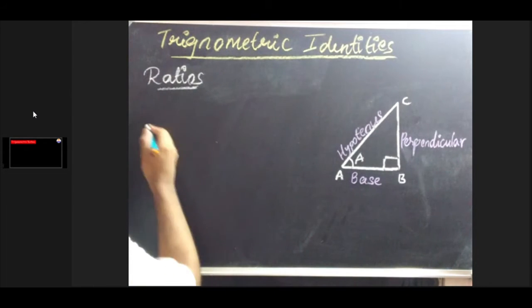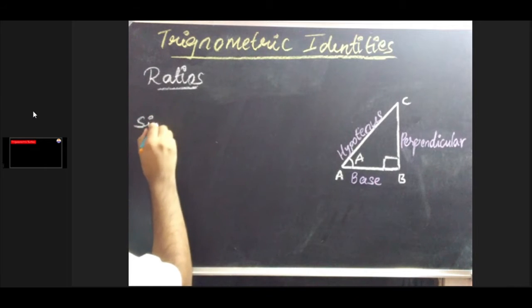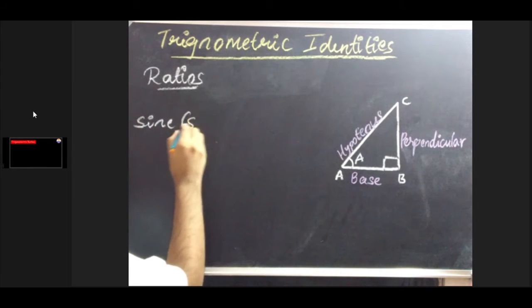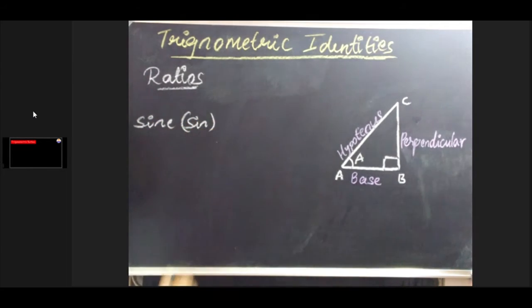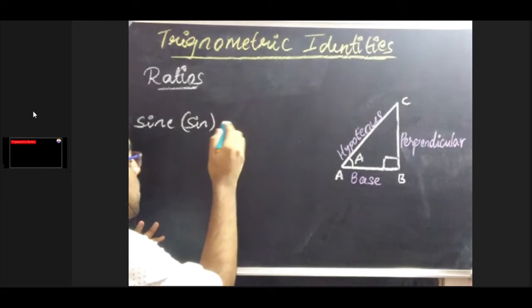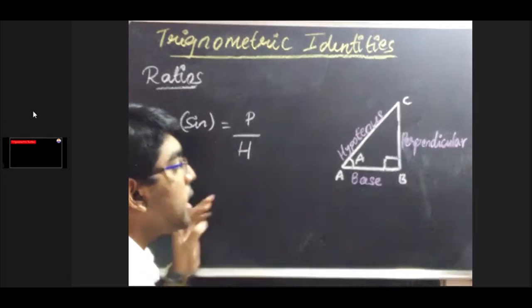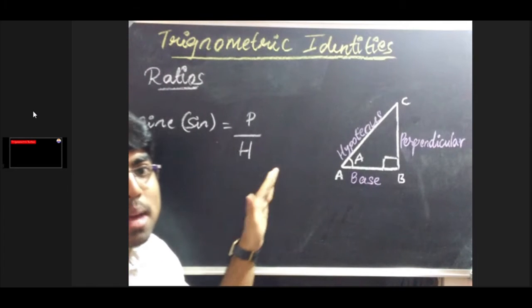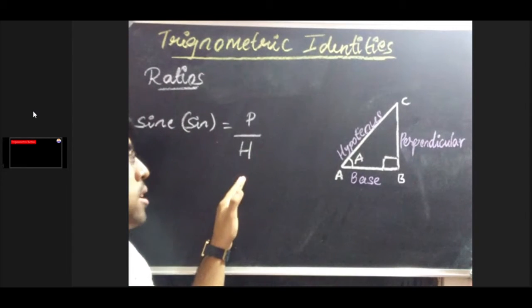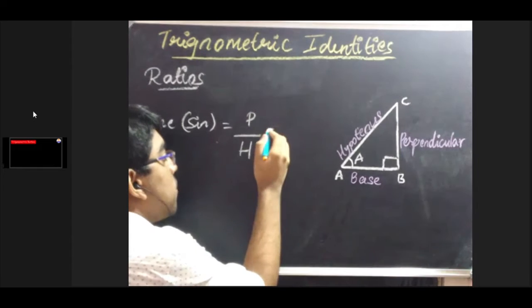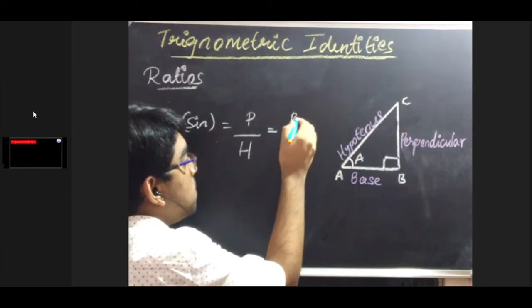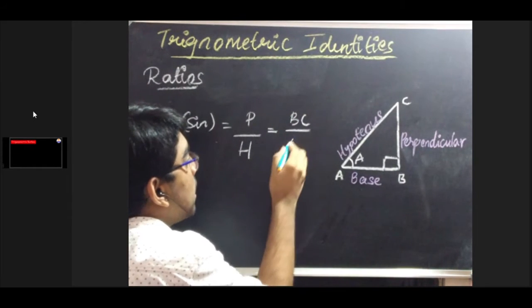First one is sine, indicated as sin, and it is given by perpendicular divided by hypotenuse. I indicate perpendicular as P and hypotenuse as H. In other words, it is given as BC divided by AC.